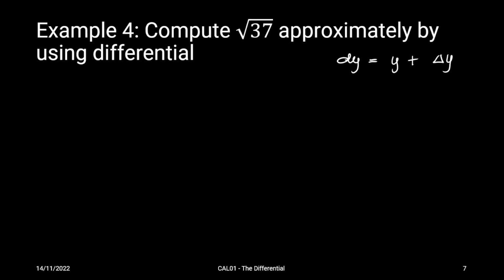Yung delta y. Okay? And we have the square root of 37. This is equal to y plus dy. Okay, our dy is the change, no?